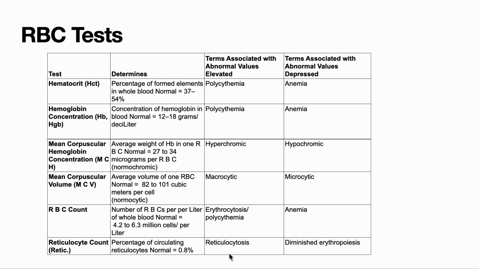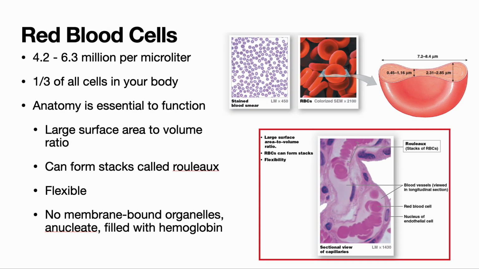If we have too many, that would be reticulocytosis. On the other hand, if it's a little lower than the normal amount, we would call that diminished erythropoiesis. So this is a good little chart just to make sure you're putting all these pieces together from lab and lecture.